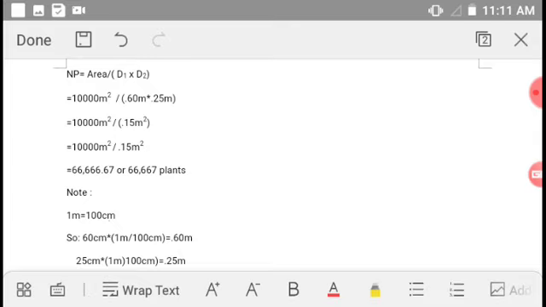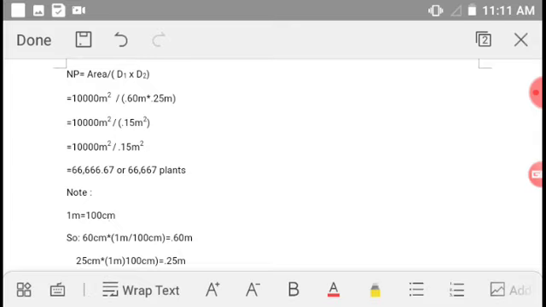Yung 60 cm times 1 meter is equal to 60 cm at m.